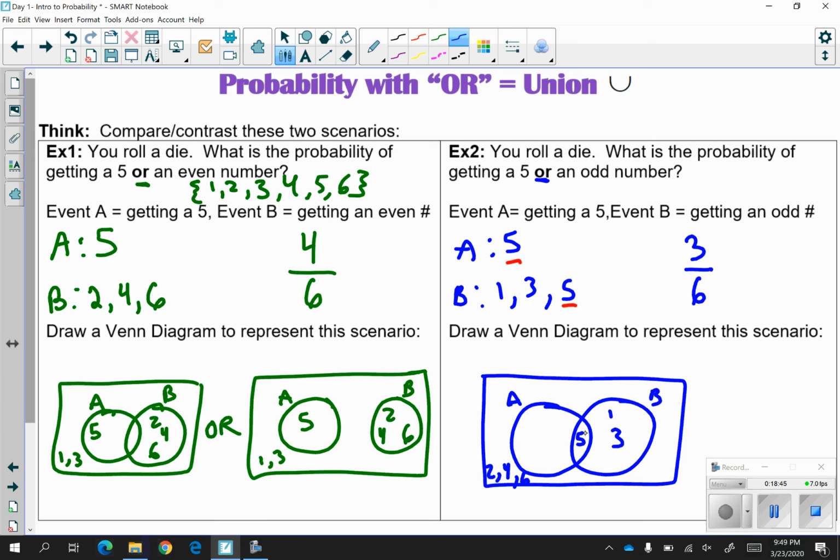So I think this one happens to be easier to see on a Venn diagram, that there's only 1, 2, 3 different events happening for the OR probability in this case. So keep in mind that when you're talking about OR probability, you have to add up both events, right? But you have to account for the overlap.